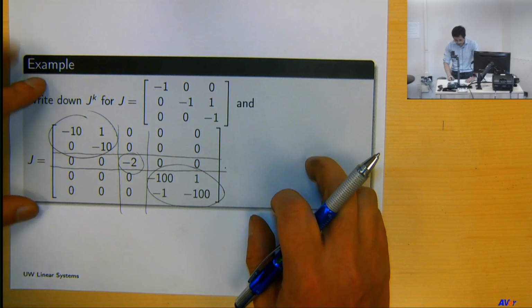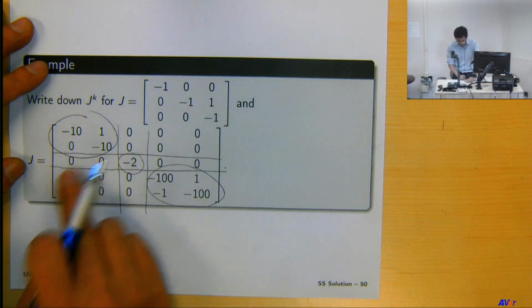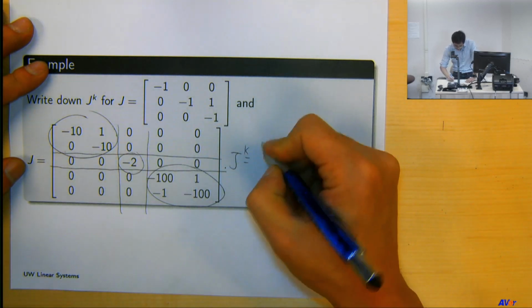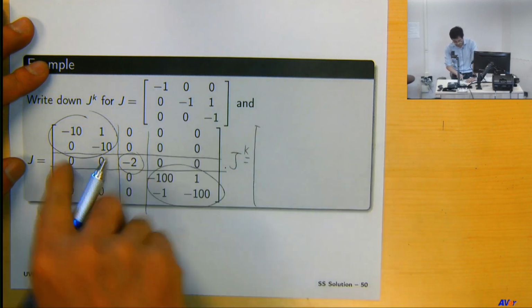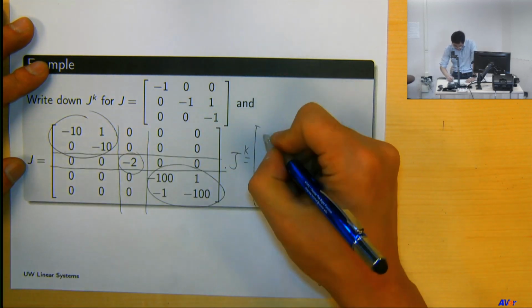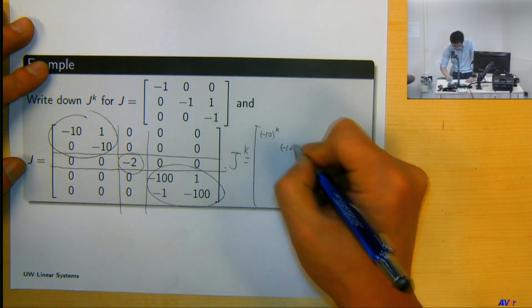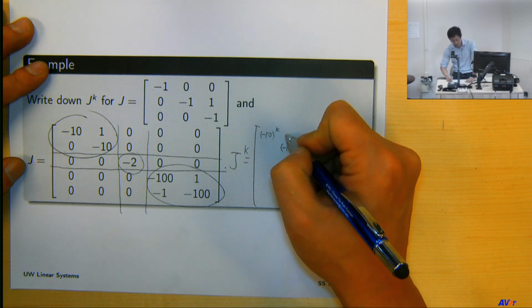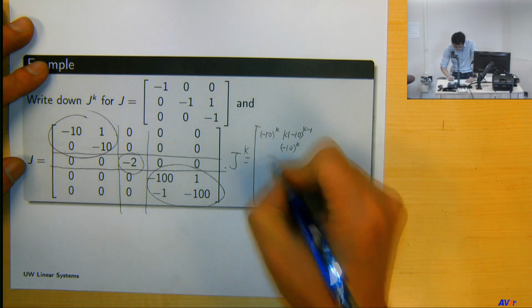So the solution, I will just work on this 5 by 5 case. The solution is going to be lambda^k for this one: lambda to the power of k, lambda to the power of k, and then k times lambda to the power of k minus 1.